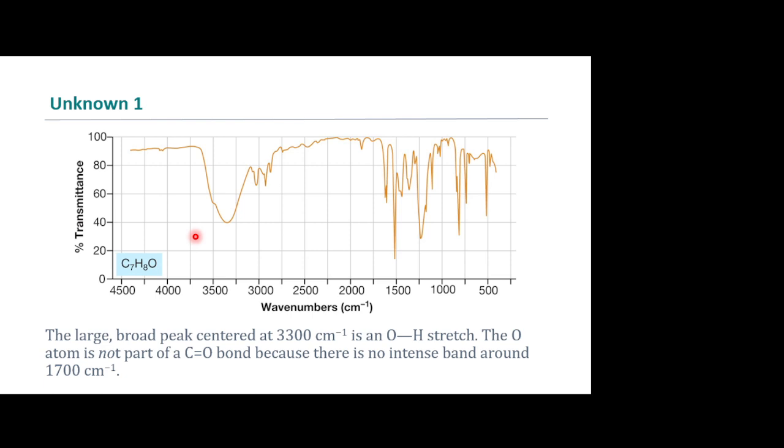So what's one of the first things you want to look for? Does it have a double bond in it, right? You can actually eliminate that very easily by looking at your index of hydrogens, right? How saturated is it?